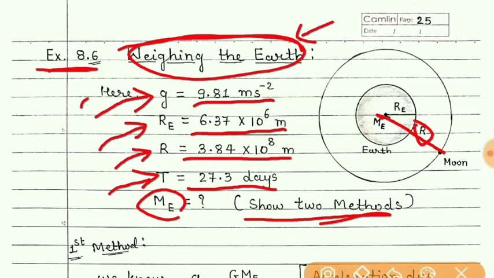So these are the given conditions, and we want to find the mass of the earth by two different methods.